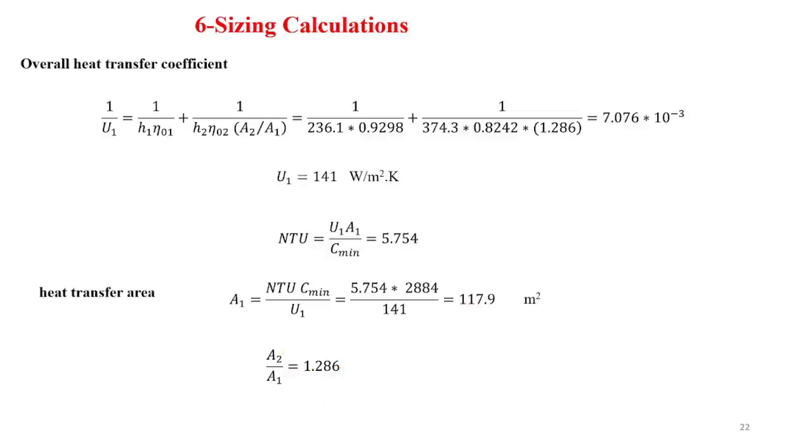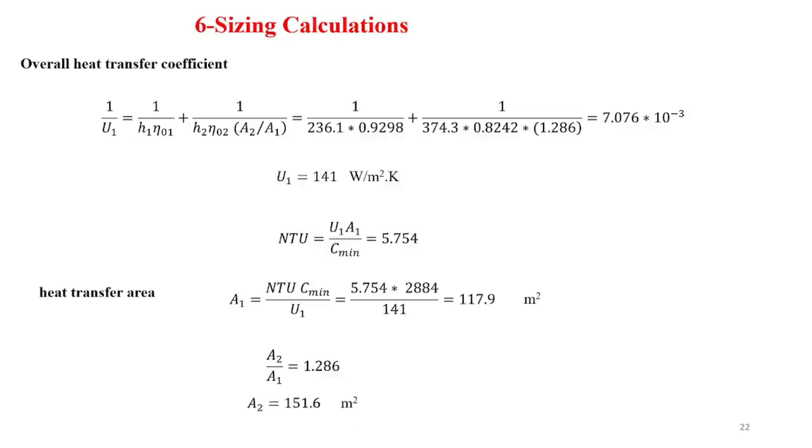So now we have calculated the heat transfer coefficients, the fin efficiency for side 1 and side 2, the overall heat transfer coefficient U, the heat transfer area for side 1, and the heat transfer area for side 2.